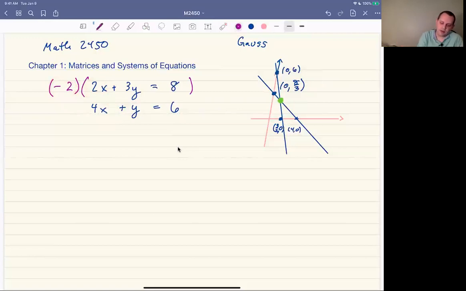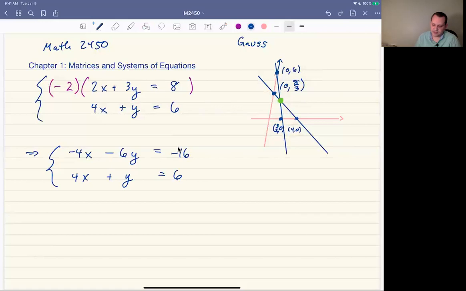I want to get in the habit of rewriting this entire system of equations. So this system becomes -4x, -6y equals -16. The bottom equation we haven't done anything to, so that stays the same: 4x plus y equals 6.